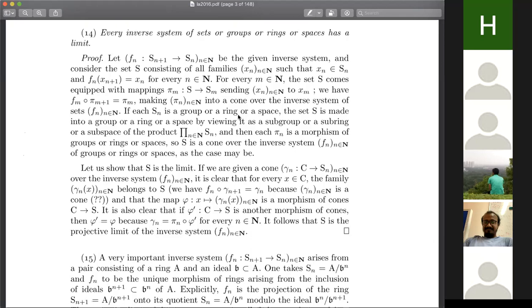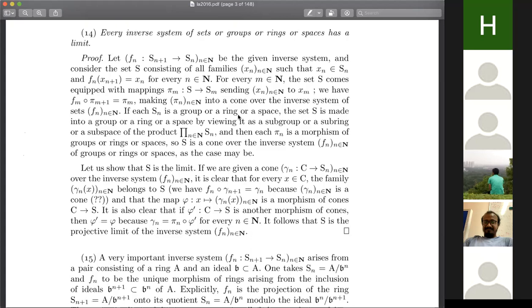I take only those families which are compatible in the sense that, suppose that family is X0, X1, X2, X3, and so on. When I take X3, it's an element of S3, right? So the element X2 should be the one to which this element in S3 is taken by the map to the object S2.